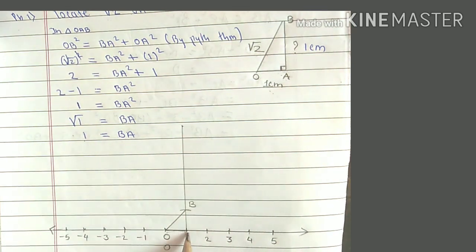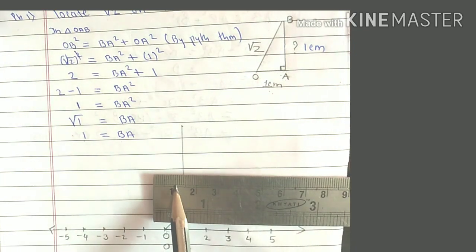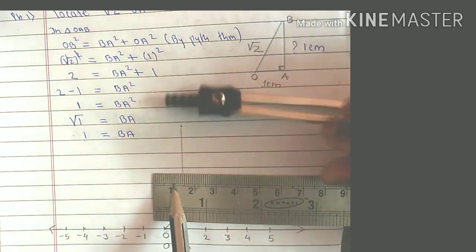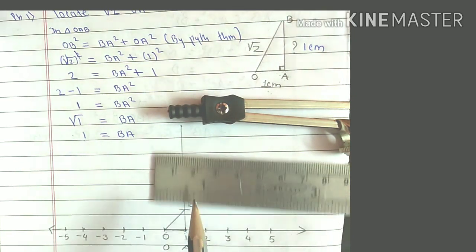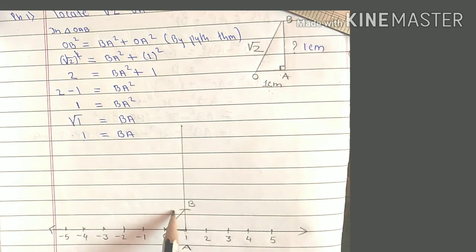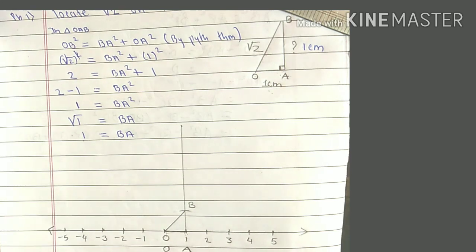After drawing the line, I took help of the scale and my compass, I took 1 centimeter and marked it on this 90 degree line, and then I have joined OB. After doing this, now the last step is left.